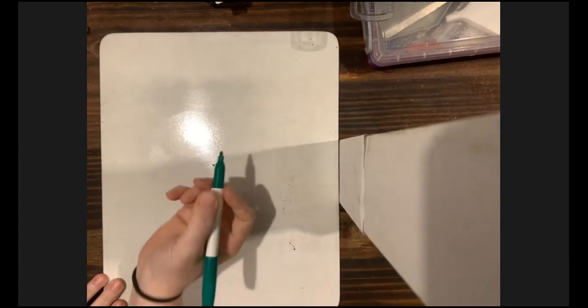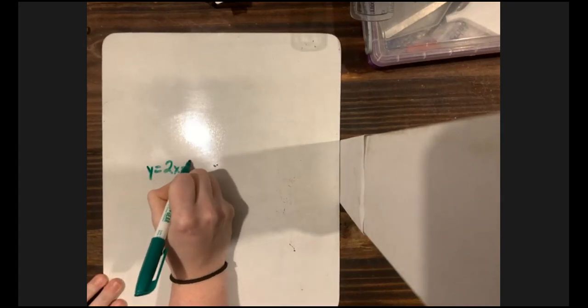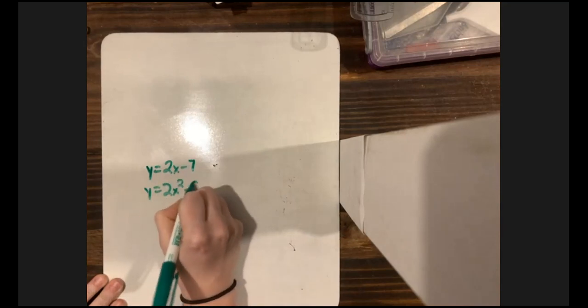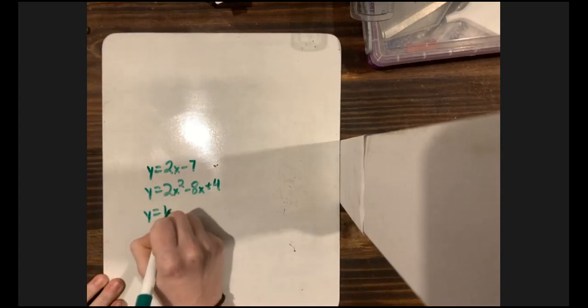Now, the last thing that we've got to talk about for this particular part of section 2.1 is function notation. Now, when mathematicians were first moving around, they would have lists of things.